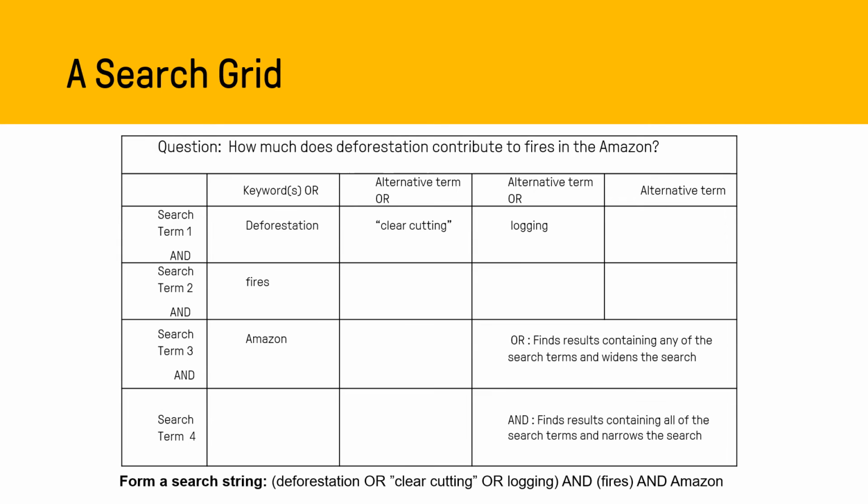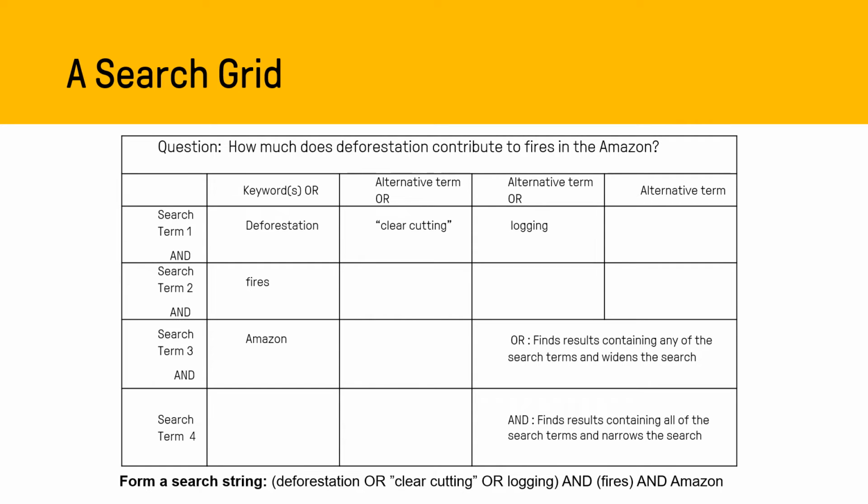So how does that look in practice? We can go back to our question, how does deforestation contribute to fires in the Amazon? And you can see how I've set it up here. I've put on the first line deforestation, alternative terms, clear cutting, another term, logging, and then I've gone vertically, fires and Amazon.